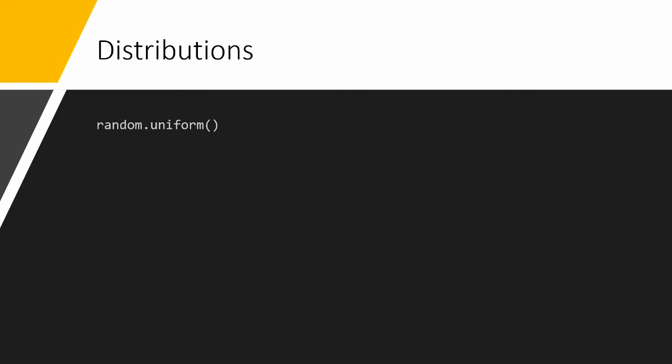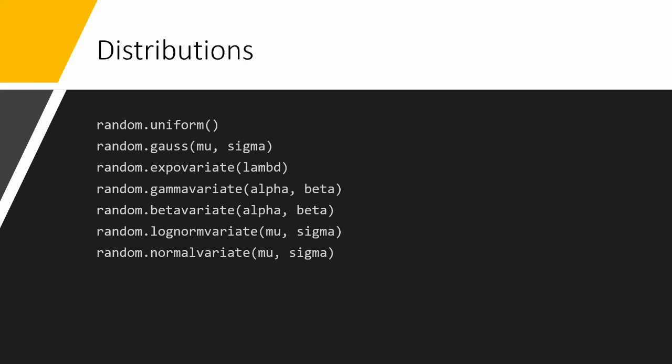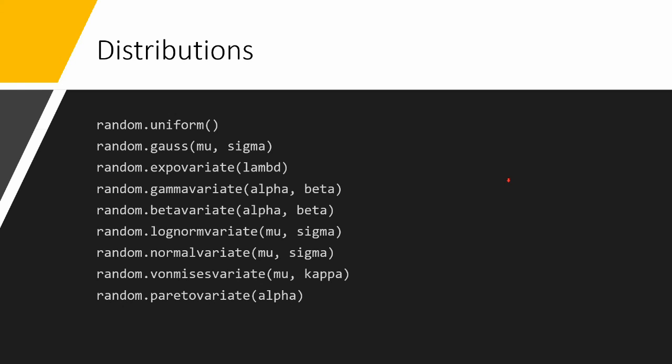So the first one's a uniform distribution, which is uniform as it says. You've got a Gaussian distribution, an exponential distribution, a gamma distribution, a beta distribution, a log normal distribution, a normal distribution, a von Mises distribution, a Pareto distribution, and a Weibull distribution.